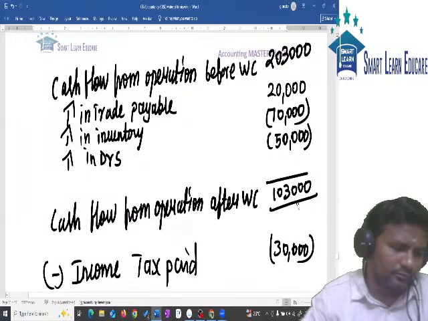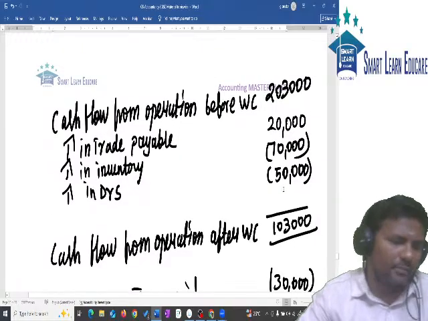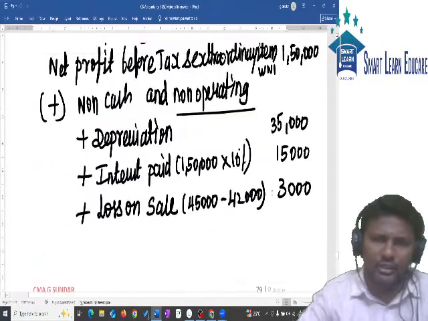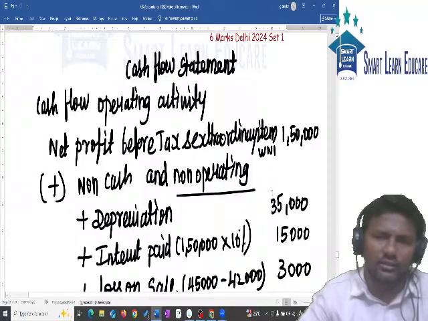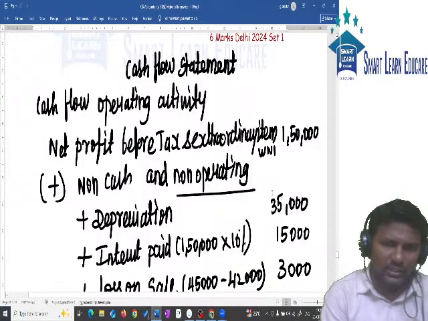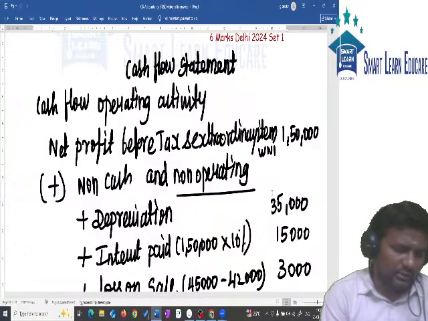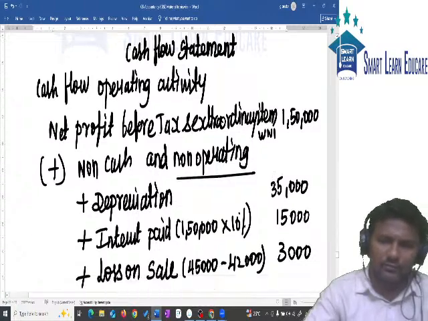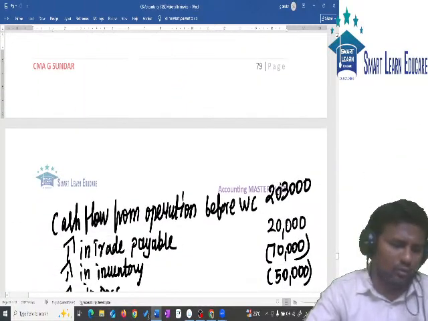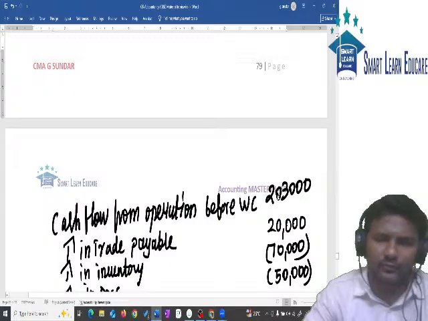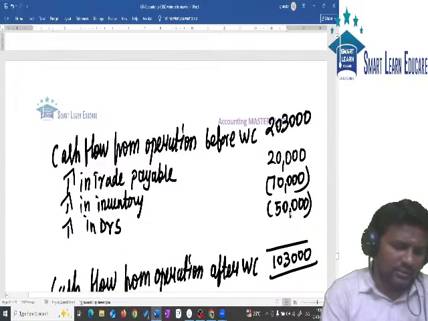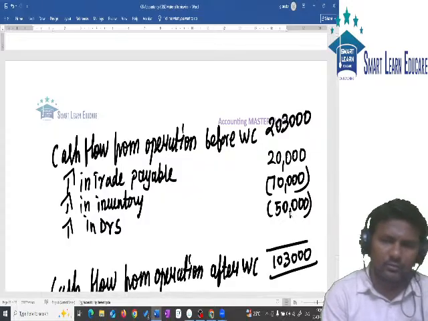ஆப்ரேட்டிங் எவ்வளோ? ஆப்ரேட்டிங் 73. ஒரு வாட்டி சொல்லுங்க என்னென்ன நம்பர்ஸ் இருக்கு: net profit before taxes 1,50,000 plus 35,000 plus 15,000 plus 3,000 will give you 2,03,000. 2,03,000 plus 20,000 minus 1,20,000.